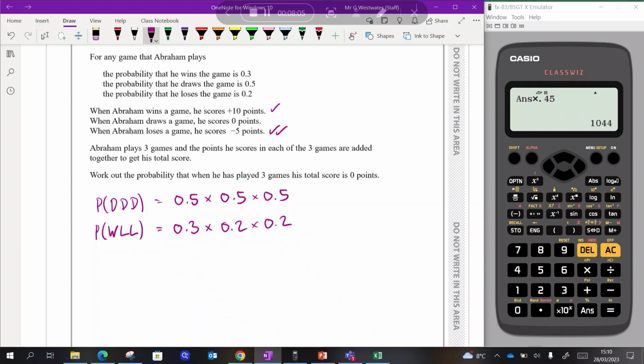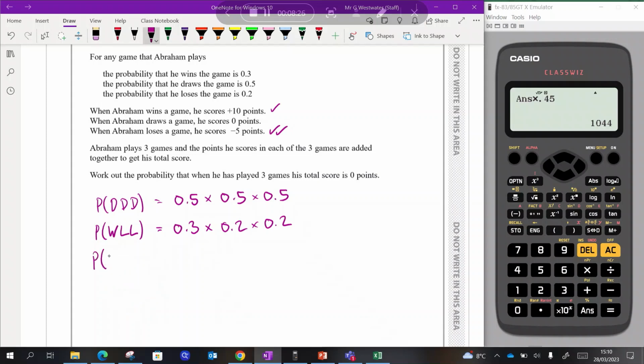But this isn't the only way that we can get 1 win and 2 losses. Again, if you think about the tree diagram, you could win, lose, lose, or we could lose first, win, and lose, or you could lose twice in a row and then win. So we have 2 other routes of actually taking this.